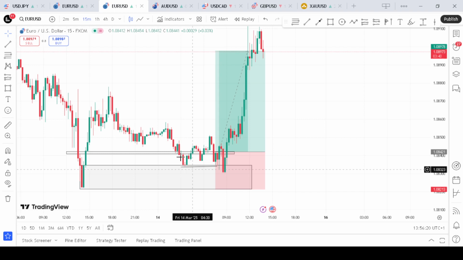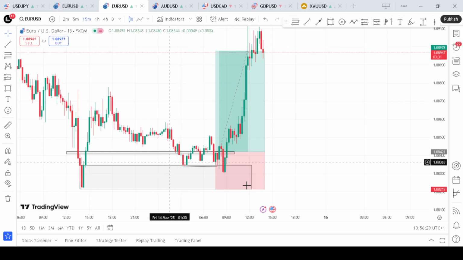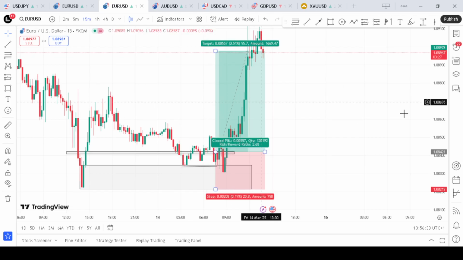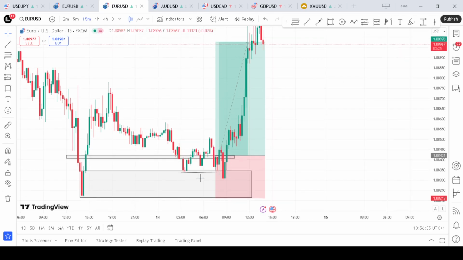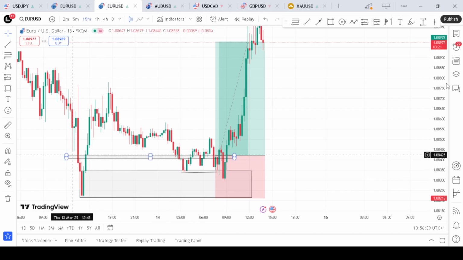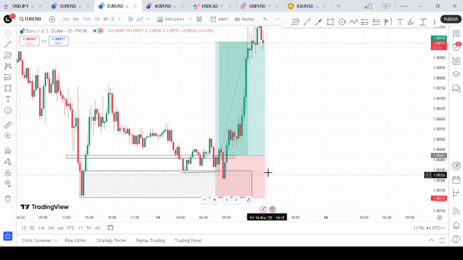By combining these tools, you can refine your entries and maximize your risk to reward ratio. I said by combining all these confluences together, the market structure, liquidity zones, other blocks, your BPR, you can be able to refine your entries and maximize your risk to reward ratio.